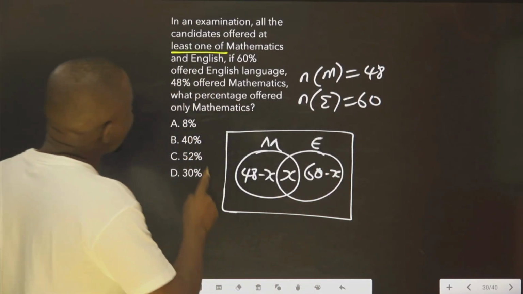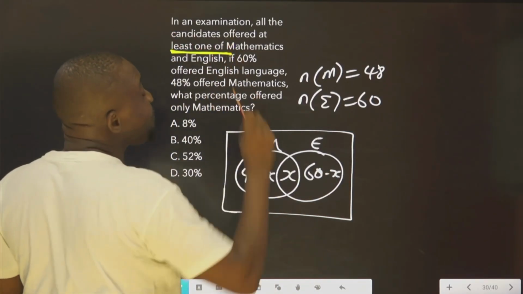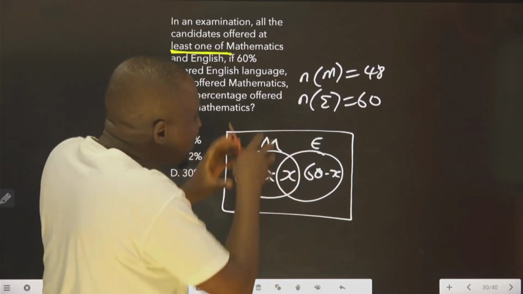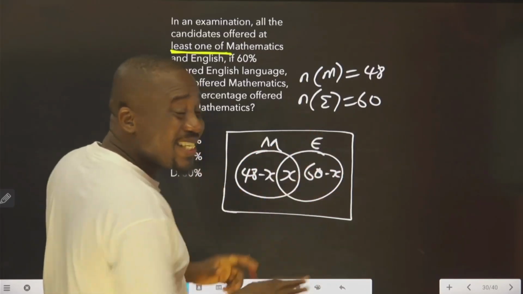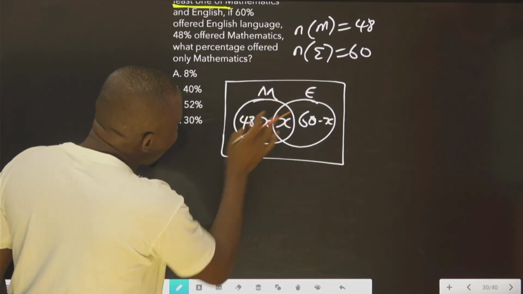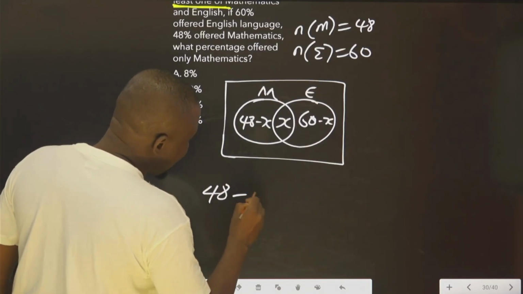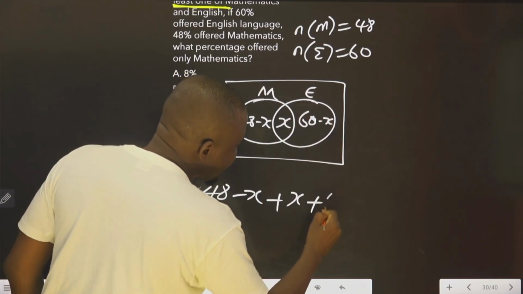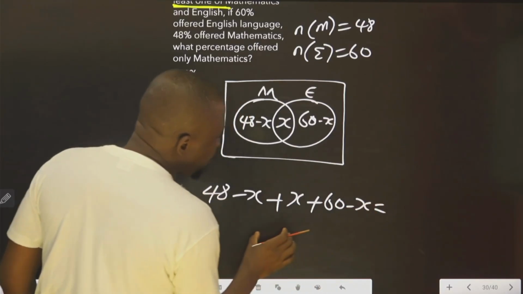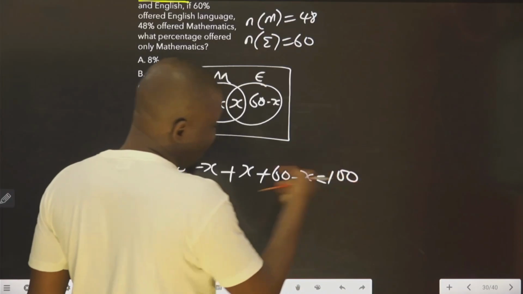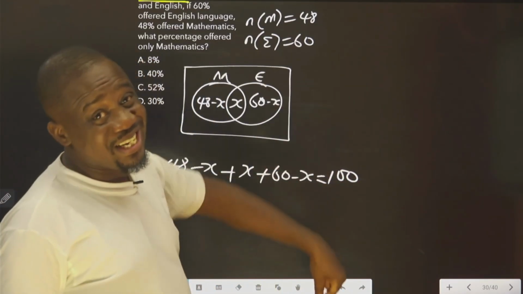Now, this information is also telling us that all the students are pictured here. That's 100%. So all we can do now is to say, this area, 48 minus x, plus this x, plus this 60 minus x equals 100, because we are talking about percentage. I don't want to put percent now because I'm just solving. Later I will put percent.